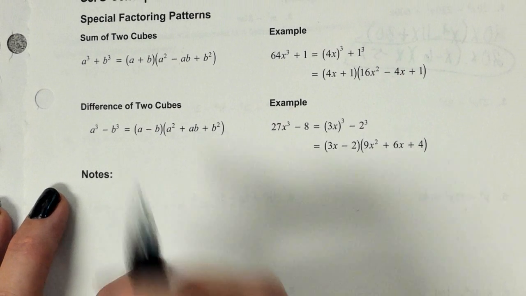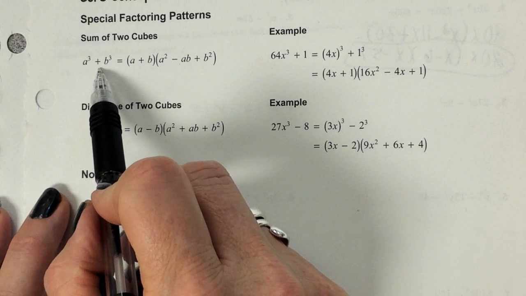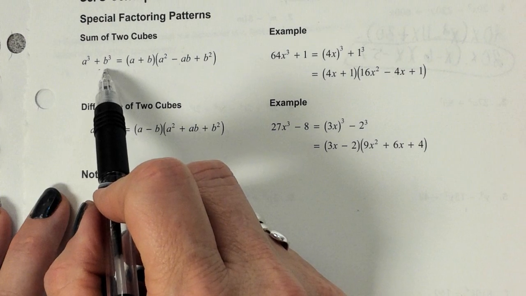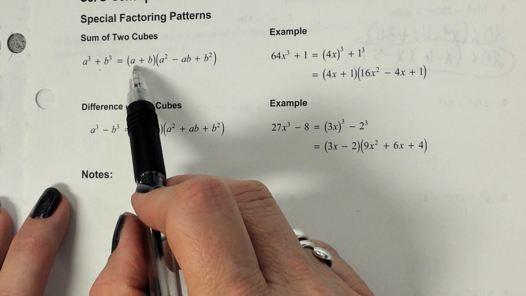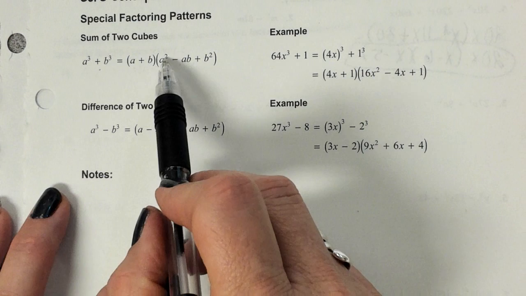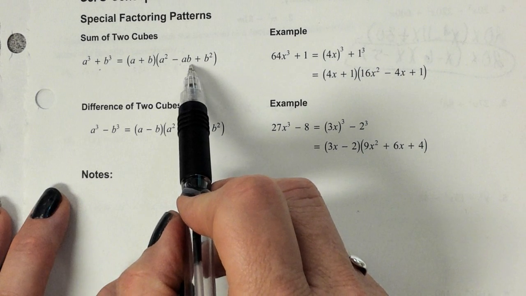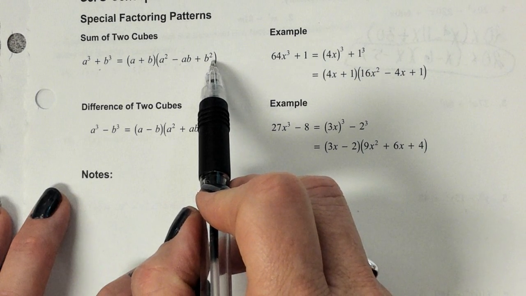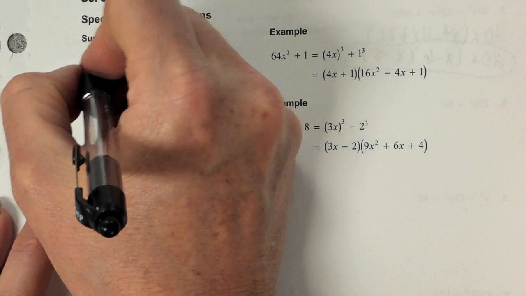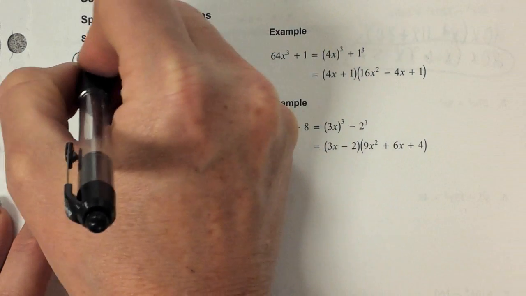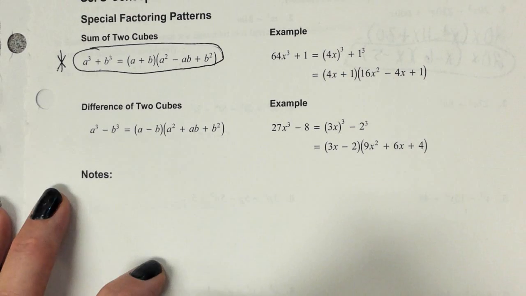When we have the addition, meaning sum, of 2 cubes, that can factor down into a plus b times a squared minus ab plus b squared. This is a formula that you're going to have to memorize, and the faster you can memorize it, the better.